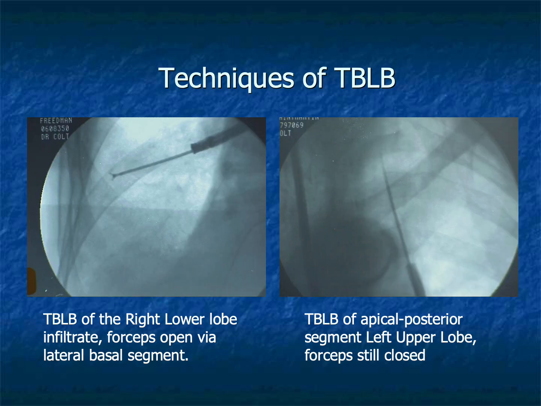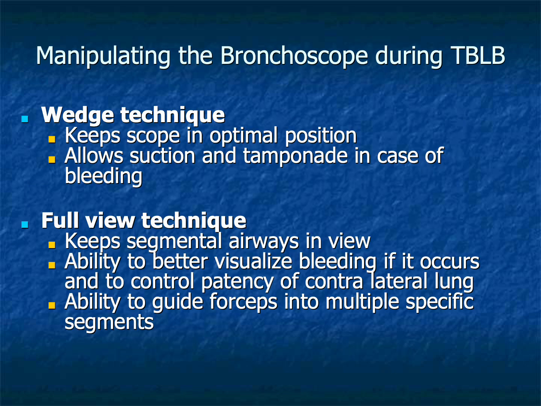Several procedural techniques have evolved over time. It is important to know radiographic locations of bronchial segments. Some operators prefer the wedge technique, positioning the bronchoscope distally within the target bronchus. Representative videos are available in other areas of this YouTube channel.